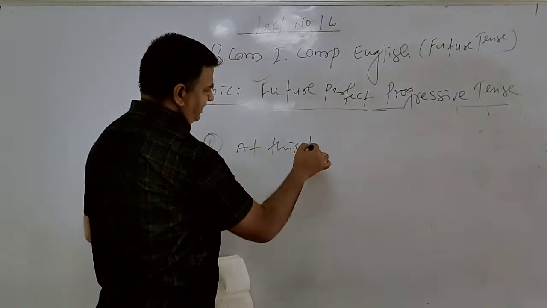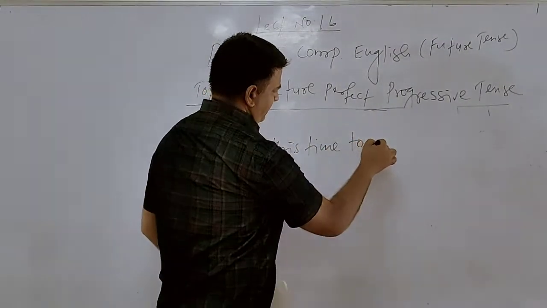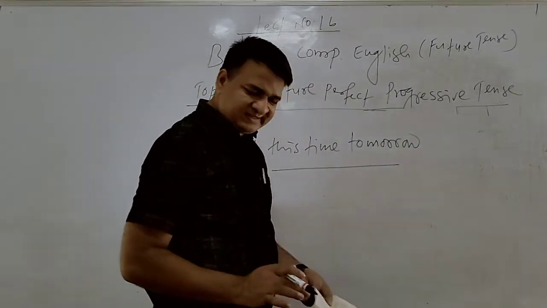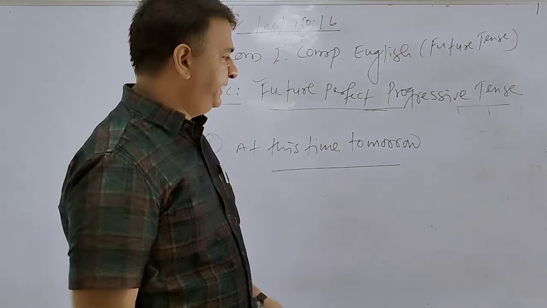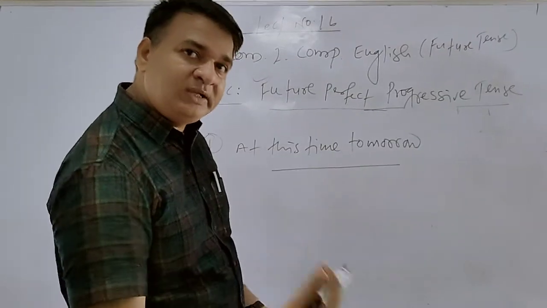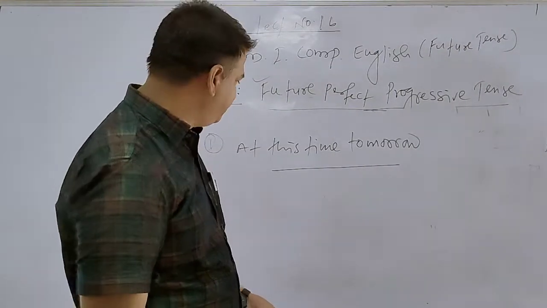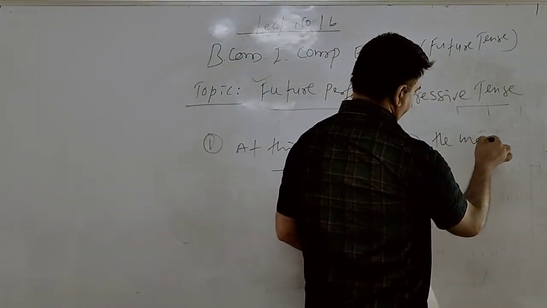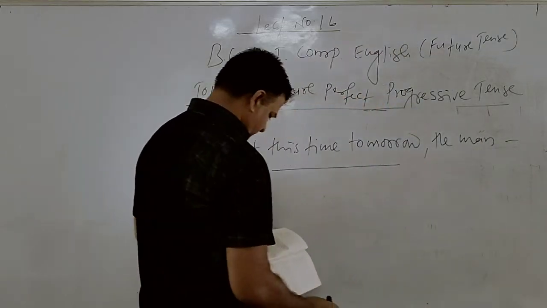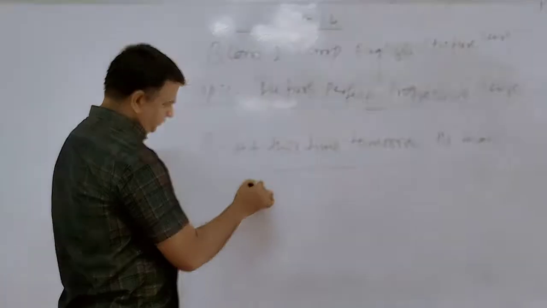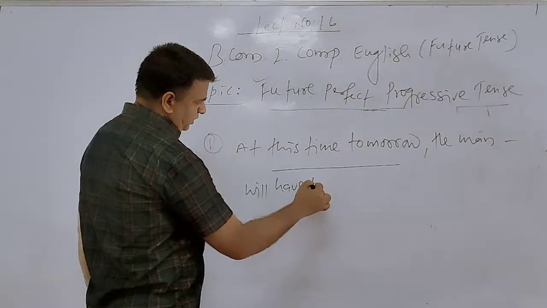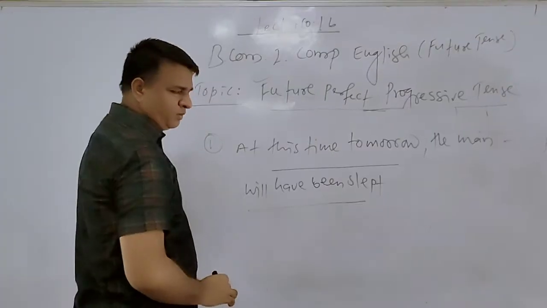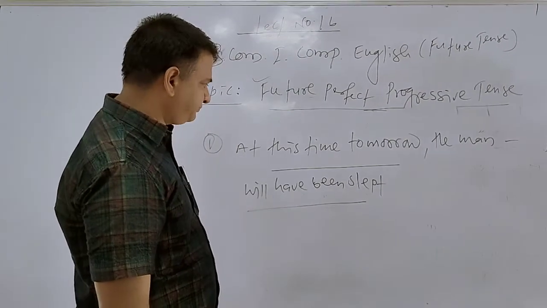At this time tomorrow. At this time tomorrow means now it's 11 o'clock, 11:10, and at this time tomorrow means tomorrow 11 o'clock. What happens? We will simply say at this time tomorrow the man will have been sleeping.